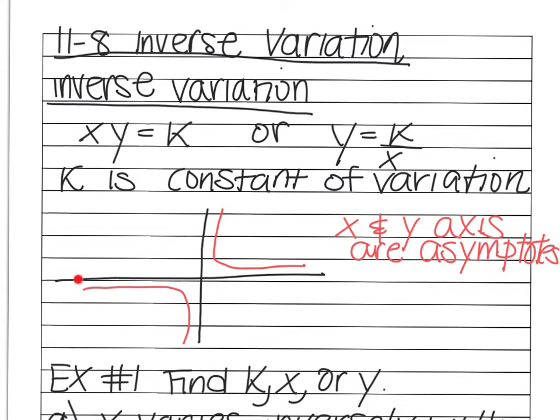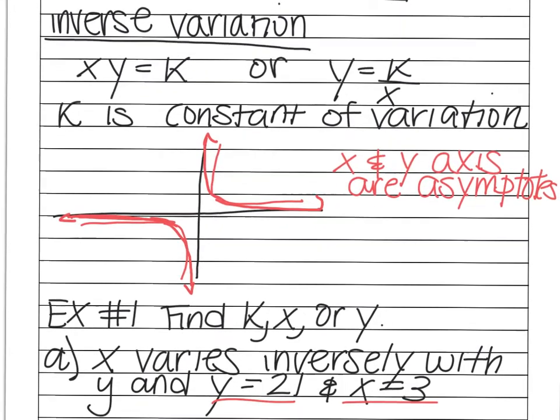Same thing here, it would get closer and closer to this x-axis and closer to this y-axis. If I did a better job drawing these, it's really hard to do on here, these would really kind of look like this. They would get closer and closer, but never quite touch. Same thing here, and same thing here. And again, I know it's hard to draw on this computer, but that's how it would work.